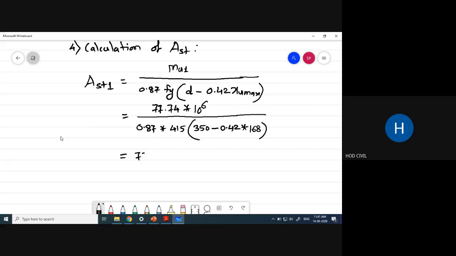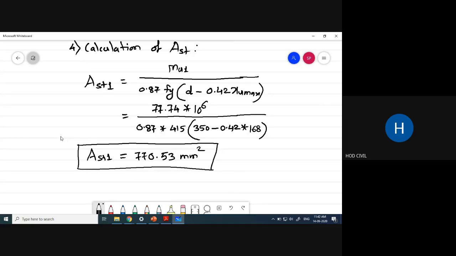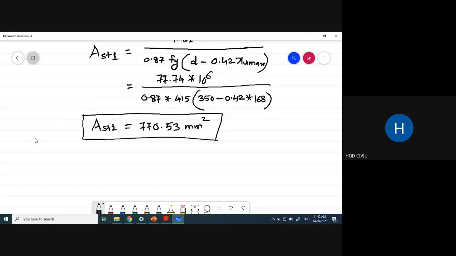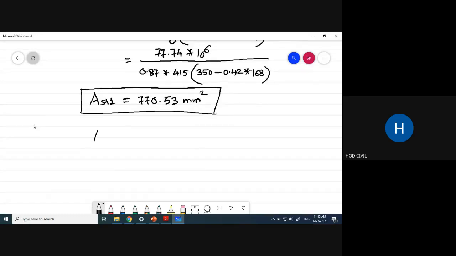So 770.53 mm square. This is the value of AST1 I'm getting. Okay. Now let us find out AST2 also. So AST2 is equal to, same formula, instead of mu1 we have to put mu2.